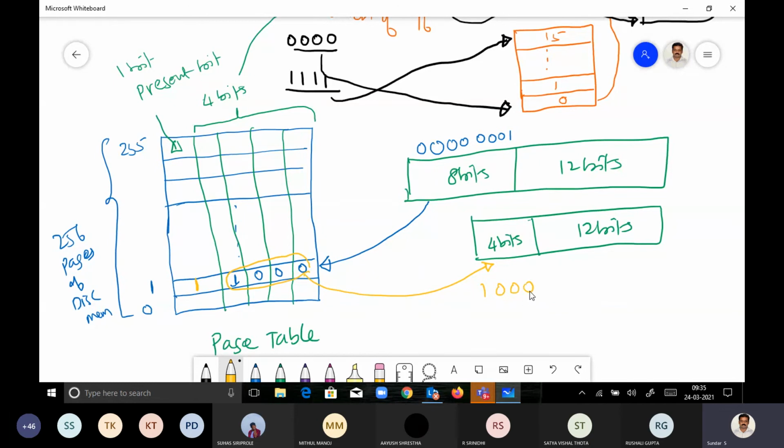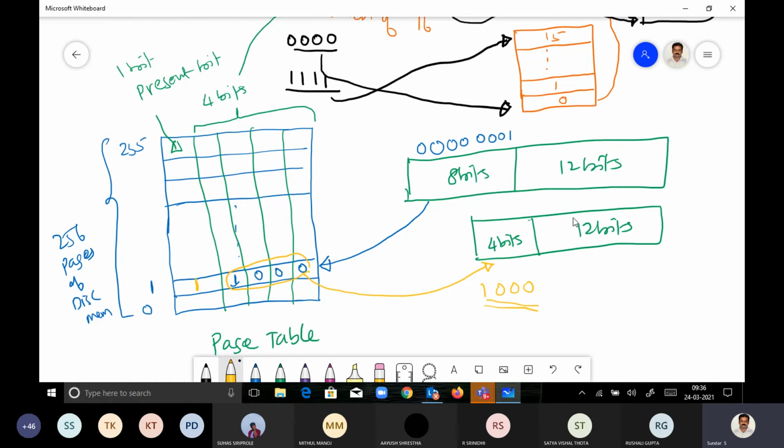Now this is the address generated by the CPU. From this, the first 8 bits go into the page table at this location, because the entry is 1. In that, it will read what information is contained in that place, and that will be mapped here. So it has to go to the 8th page of the main memory.